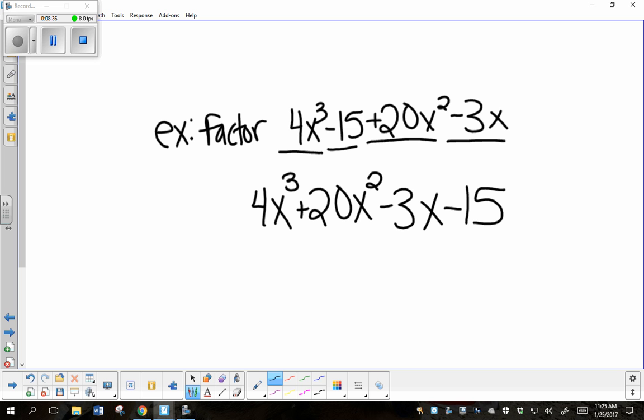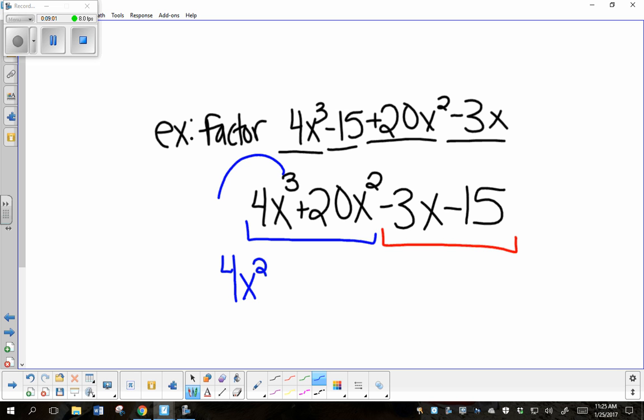So what I can do here is look at this in two parts. We've got 4x cubed plus 20x squared, and then we'll look at the minus 3x minus 15 separately from that. Let's start with my first group. From 4 and 20, I have a common factor of 4, so I can pull a 4 out. And I also can pull x squared out of both of those.